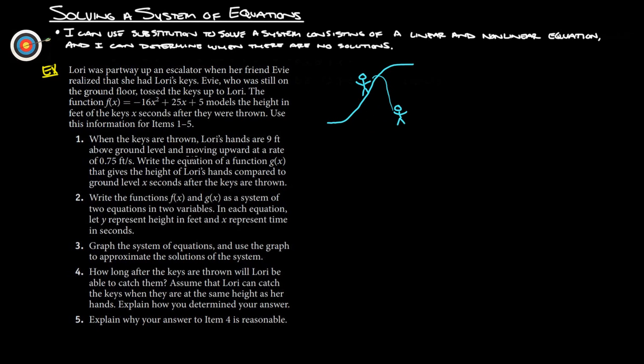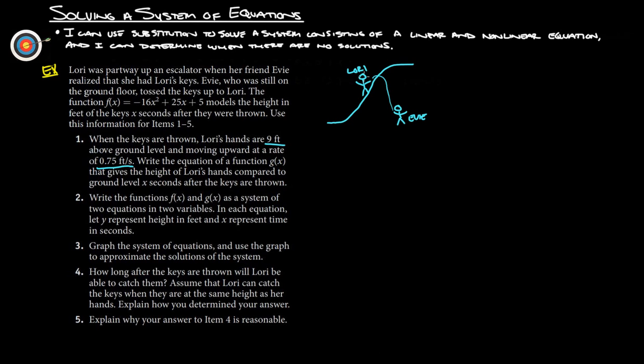When the keys are thrown, Lori's hands are 9 feet above ground level and moving upward at a rate of 0.75 feet per second. Write the equation of a function g of x that gives the height of Lori's hands compared to ground level x seconds after the keys are thrown.